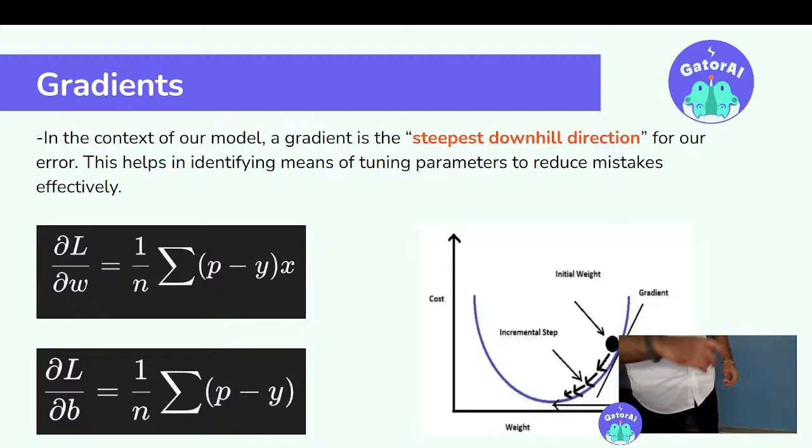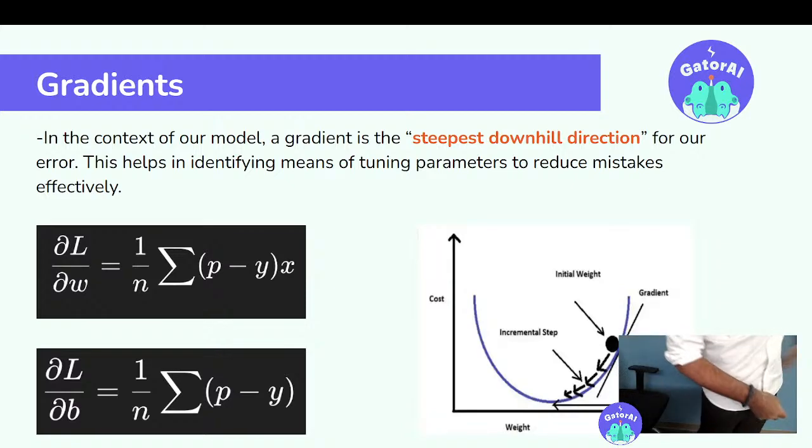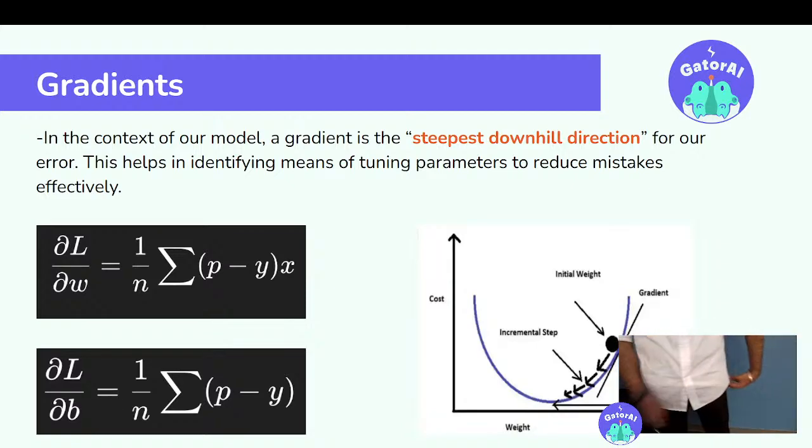A few common questions we have when it comes to gradients: why do we take the average, 1 over n, as you see here? It says 1 over n summation of (p minus y) times x. So where did we get that 1 over n from? We get that because in real life situations, when you're working with data, you're doing it in terms of batches, entire batches of data.